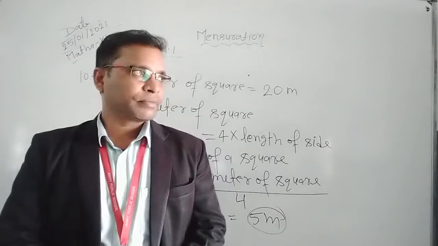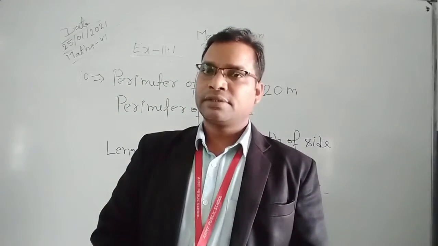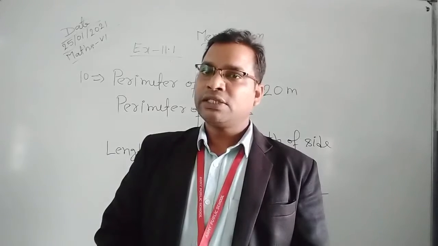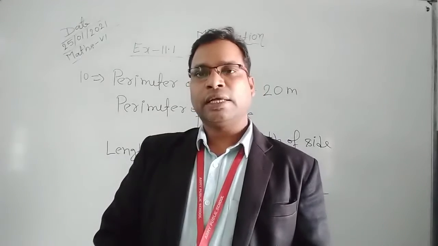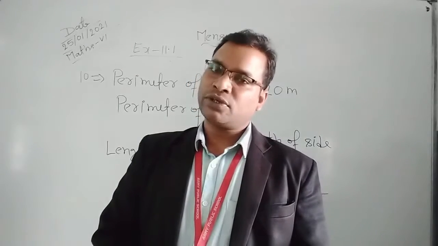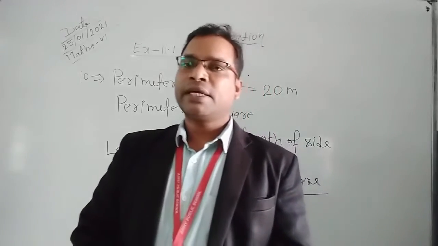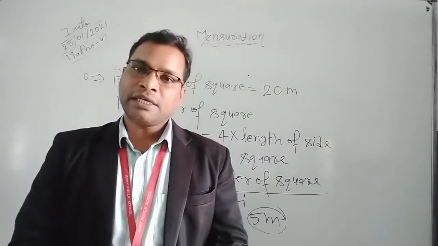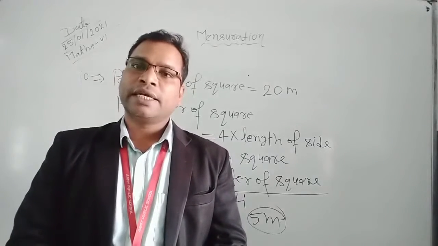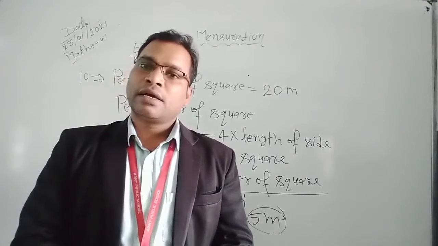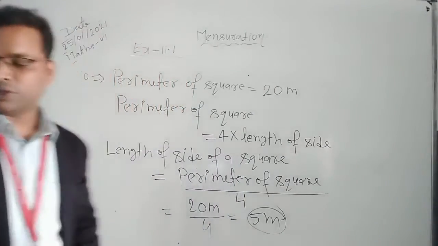So you know very well the number of sides of pentagon is 5. So why is it regular? It means that all its sides are equal and each angle is also equal. Okay, so you can say the perimeter of the regular pentagon is sum of all sides, but this is regular. So you can say the perimeter of the regular pentagon is 5 into length of side. So let's see how to solve this question.